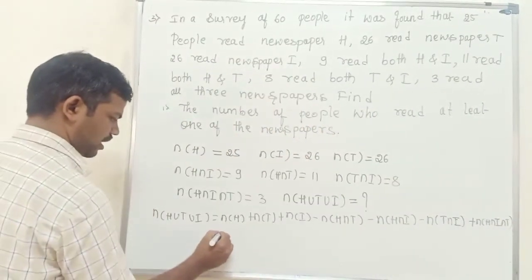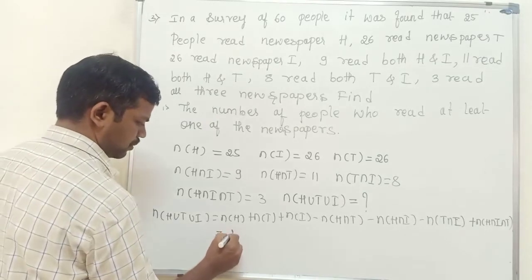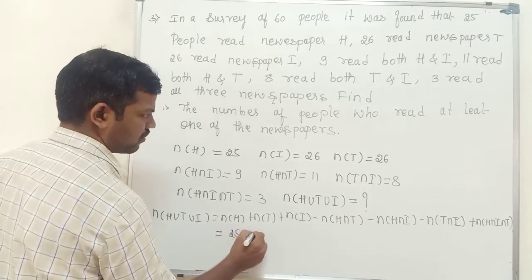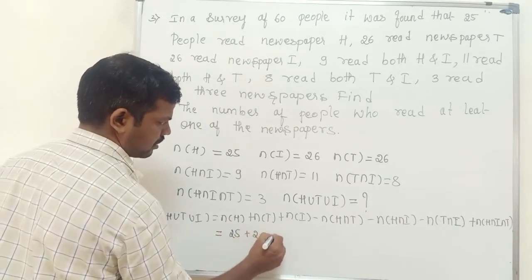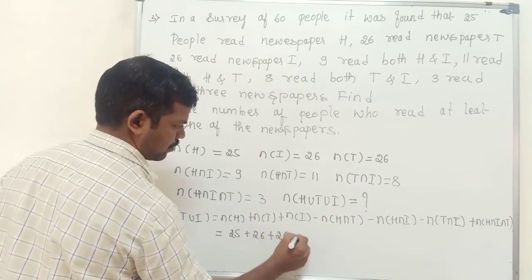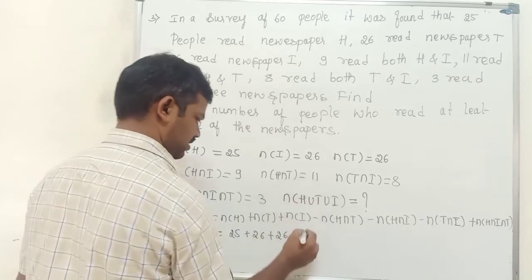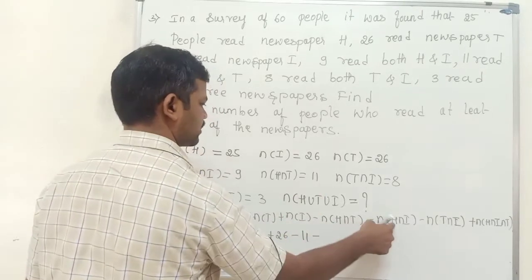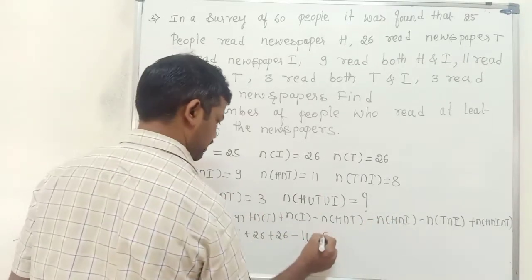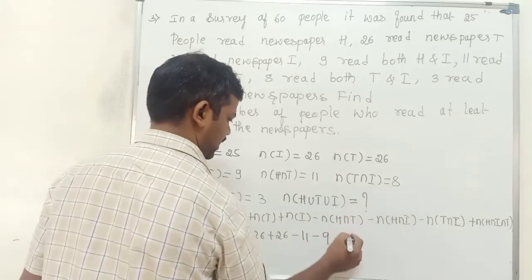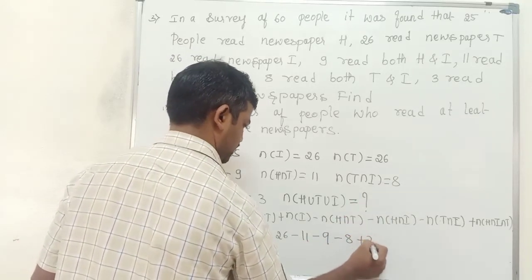So N of H is 25, plus N of T is 26, plus 26, minus H intersection T 11, minus H intersection I 9, minus 8, plus 3.